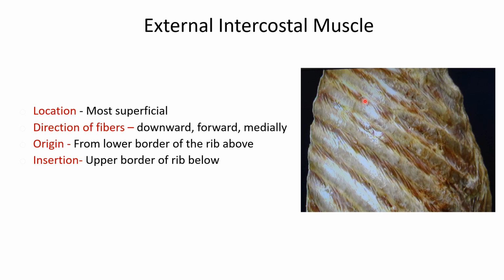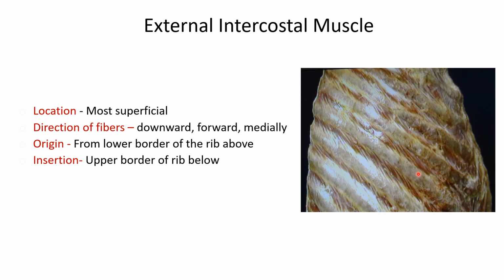The direction of these fibers is downwards, forwards and medially, like when you insert your hand into the pocket of your pant. So the direction is downwards, forwards and medially.